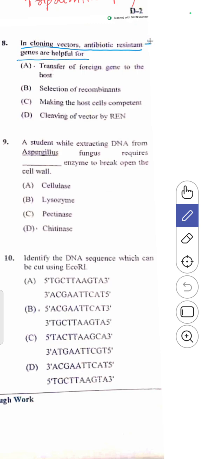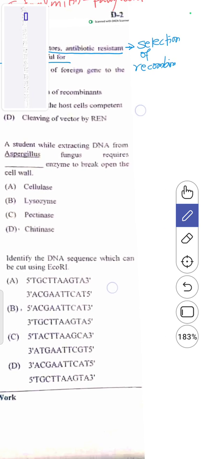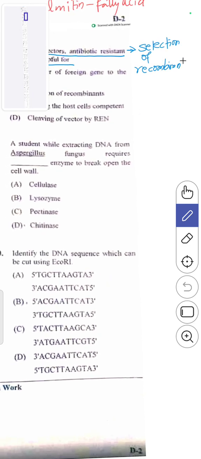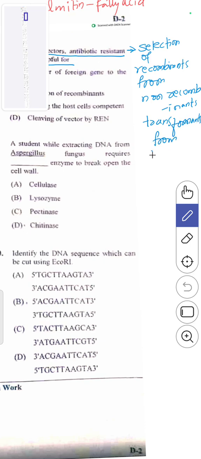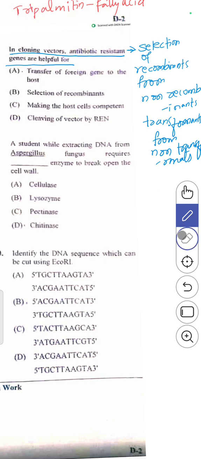So these antibiotic resistant genes help in selection of recombinants or transformants from non-transformants. So they have given four different statements here.